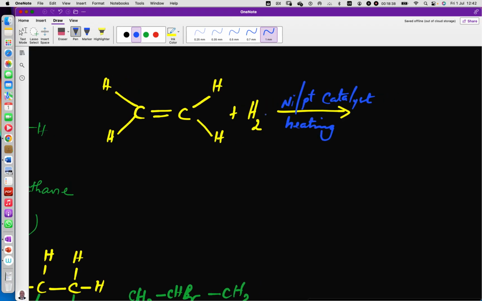What you will get as a result of this is the hydrogen will be added to this position and to this other position here. This will be the resultant. An alkane will have a carbon, hydrogen, hydrogen.